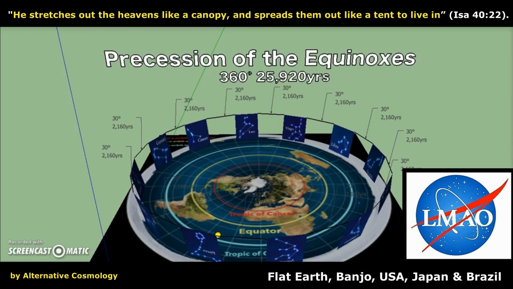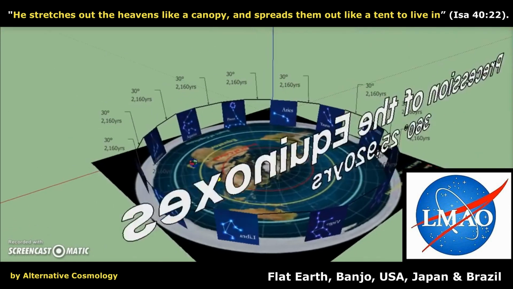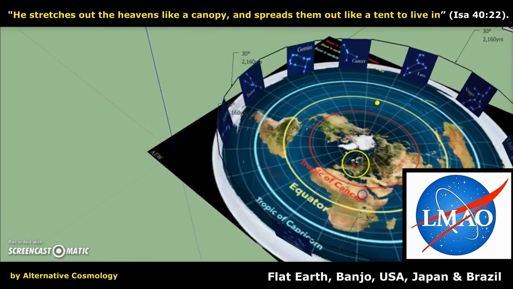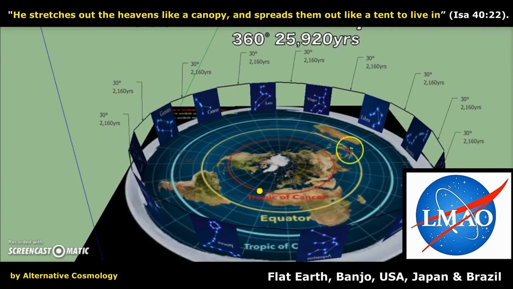And so in this model that I made, I'm showing 2160 year cycles of precession. So what that means is right now we are about to enter the age of Aquarius, and so we're in Pisces, but we're towards the end of Pisces. So in this model, it's kind of hard to comprehend what's going on here, but it's basically making a 12-point star from touching every single constellation.